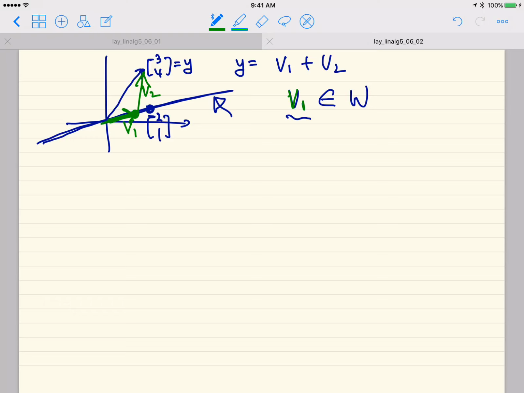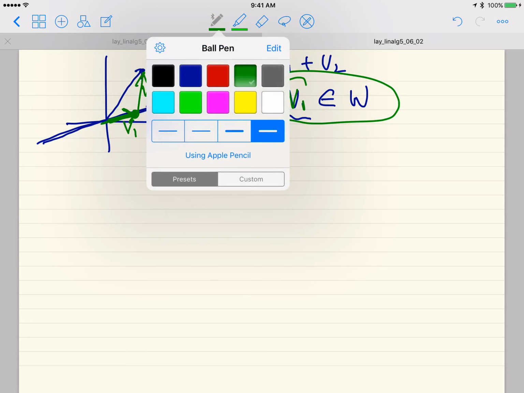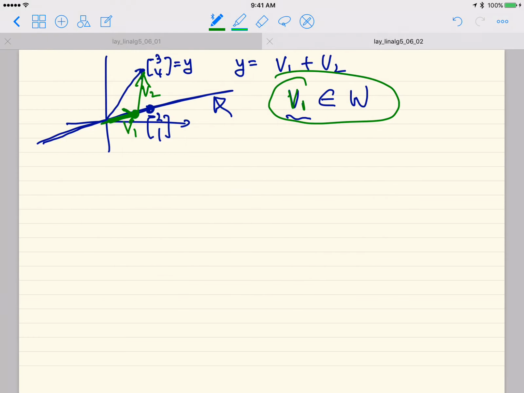So in both of these cases, we are satisfying this, because v1 was along this line. But we add an additional requirement so that this v2 should belong to this W perpendicular, which means v2 should be orthogonal to any vector w such that w belongs to our subspace W.